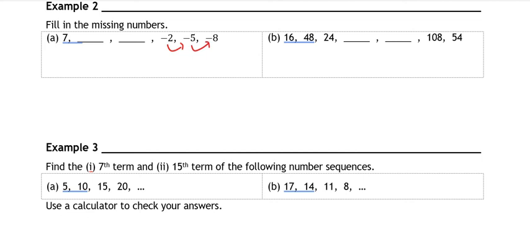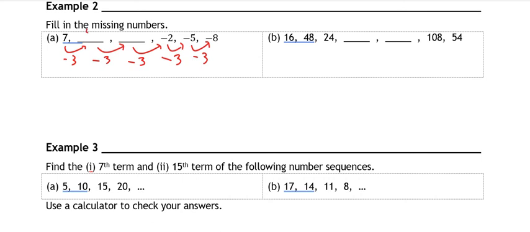You can see here -2 to -5 is actually subtraction by 3, and -5 minus 3 is -8, and the rule is over here, which is -3. So you'll follow the same rule over here. Let's have a look and let's check whether it is similar.